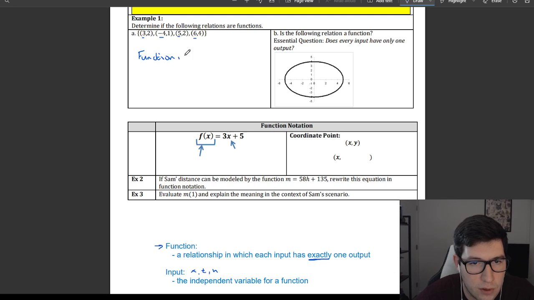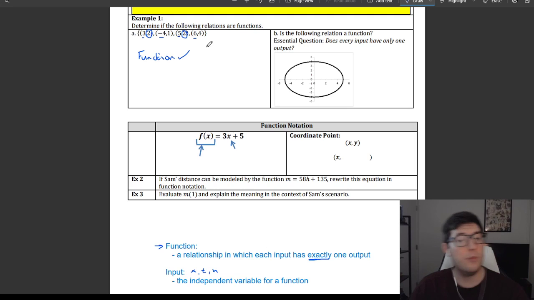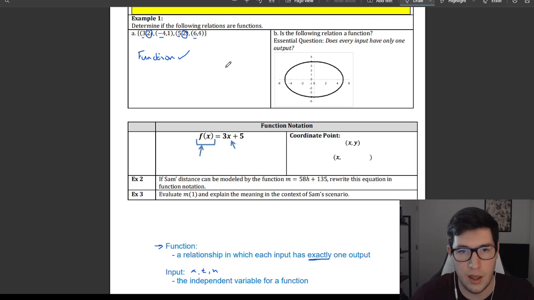Really what I'm looking for here is whether there is an x value that gets repeated that has two different y values. For example, you can see here that I have a 2 and a 2, so 2 as an output gets repeated. But it's okay for outputs to be repeated.